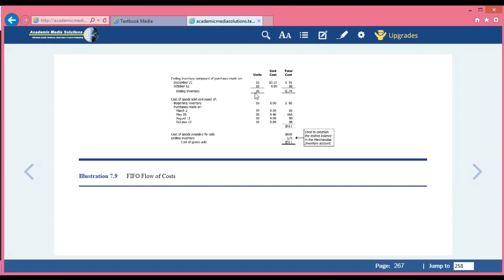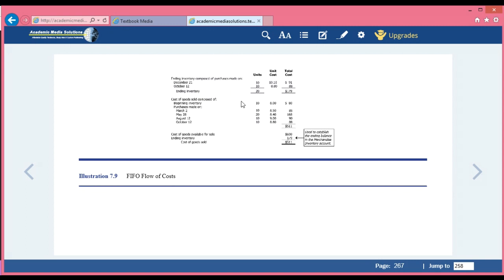They have 20. So under first in, first out, they would have sold this 10, sold this 10 at $8.50. They would have sold the 20 at $8.40. And so that would be under first in, first out. Then your ending inventory, the 20 items, comes from the last two groups, October at $8.80 and 10 units at $9.